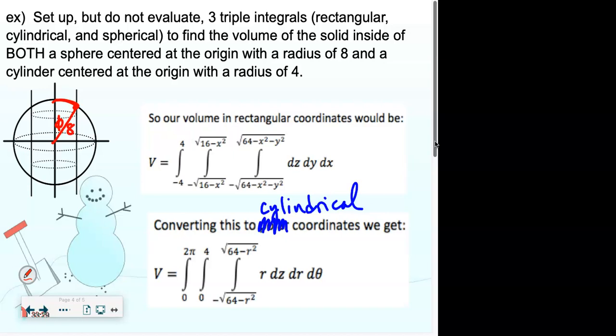That would give us this ice cream cone, all of this in here. But we'd still be missing this part. We have to add both.